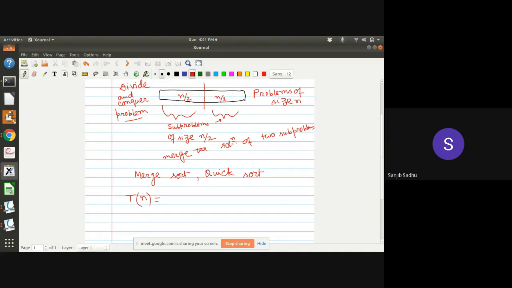Say this is n by 2, this is also n by 2. So Tn is equal to 2T(n by 2) plus some constant c into n. Have you seen this equation earlier? Because you have already studied data structures. That's why I'm asking.